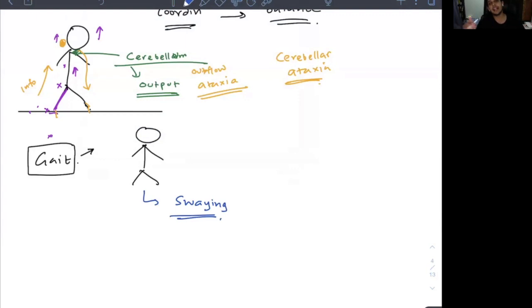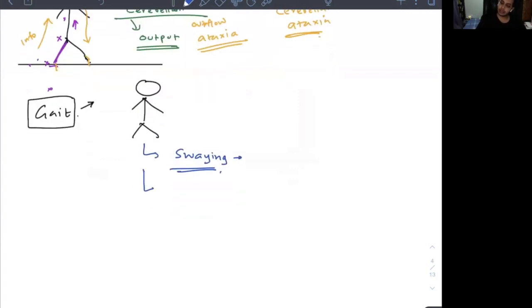The patient will sway like a drunk person, and usually if there is one-sided cerebellar problem, the swaying will be towards that side. Second, it will be wide-based. So your feet will be spread apart from each other, and you can have abnormal tandem gait.